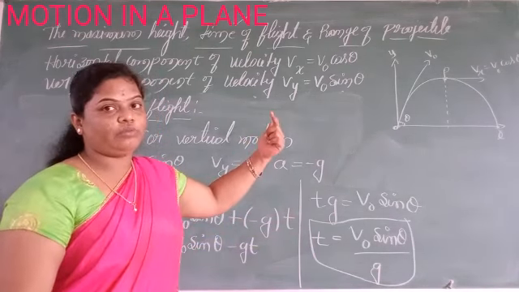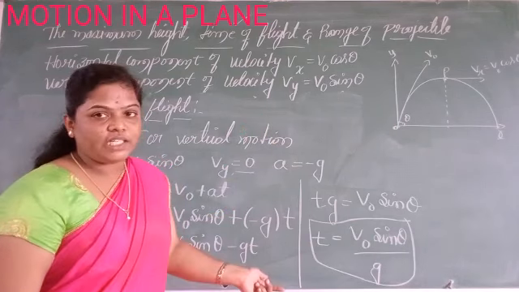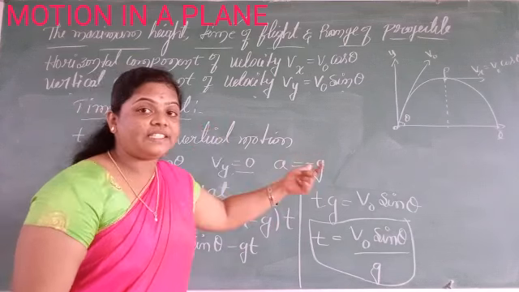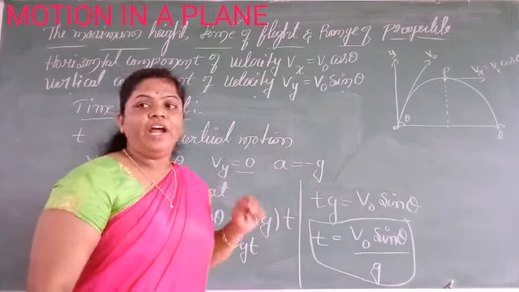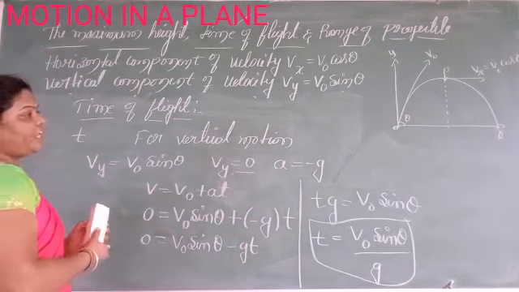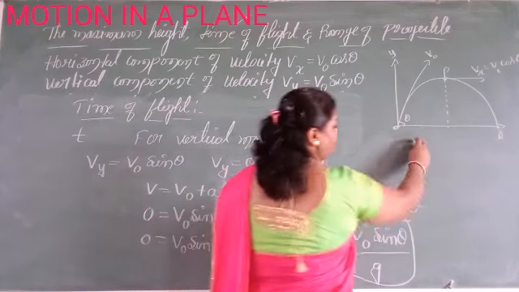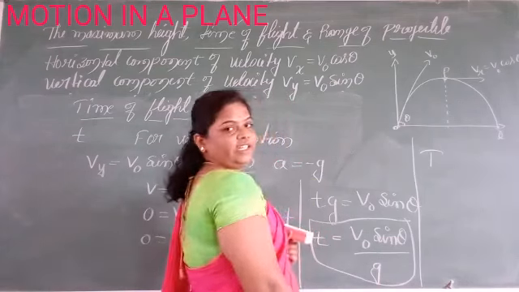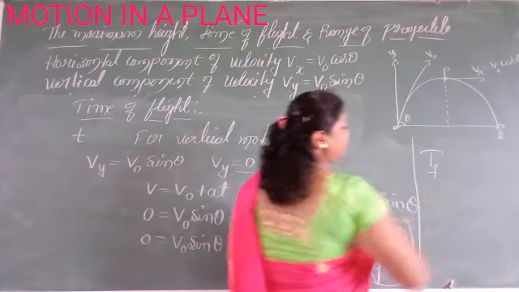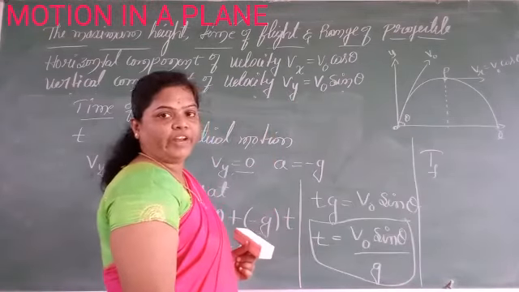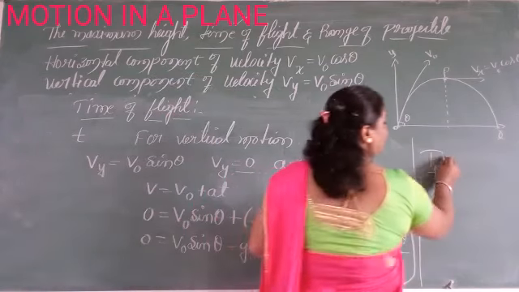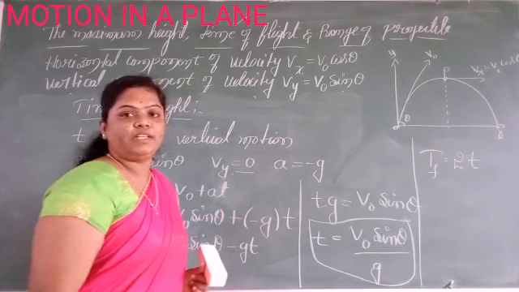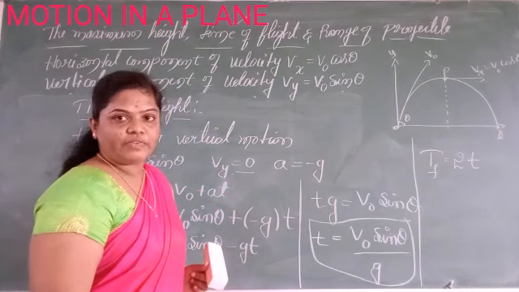The time it takes to go up is the same time it takes to come down. So the time of flight is the time of ascent plus the time of descent, the total time taken by the projectile, that is the time of flight. Tf represents the time of flight. So time of flight is equal to 2 into t. What is that t? t is the time of ascent.